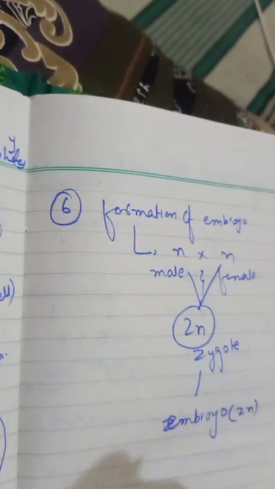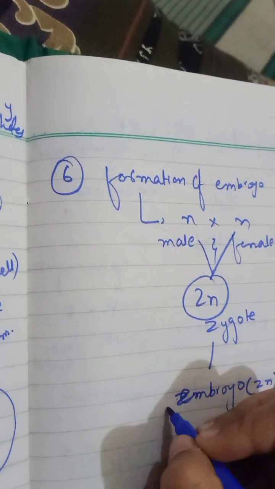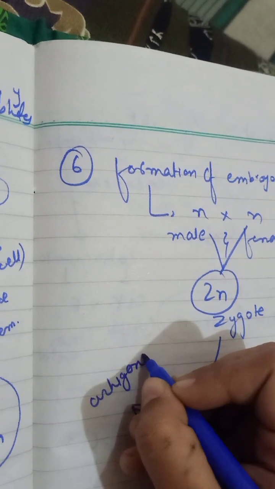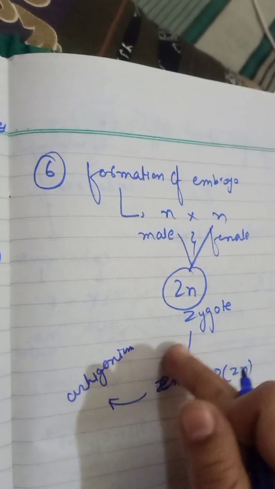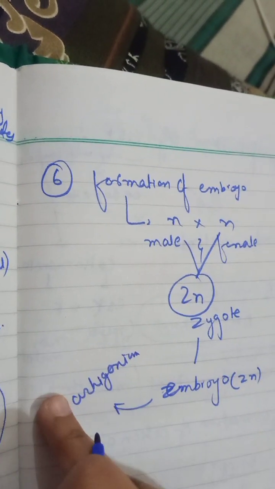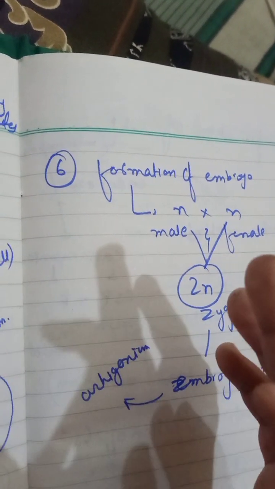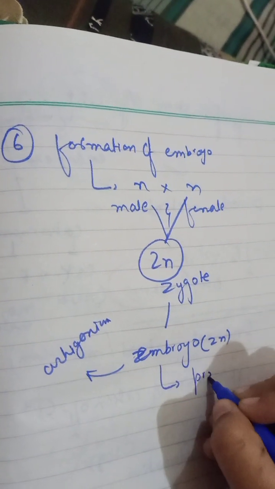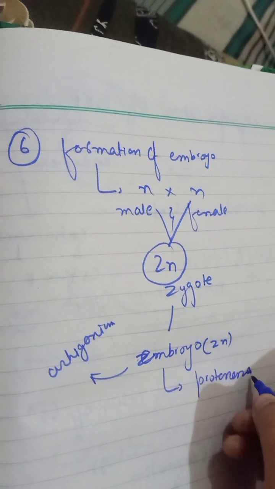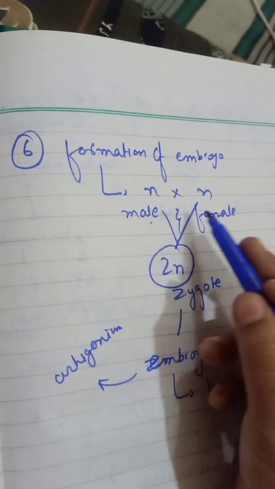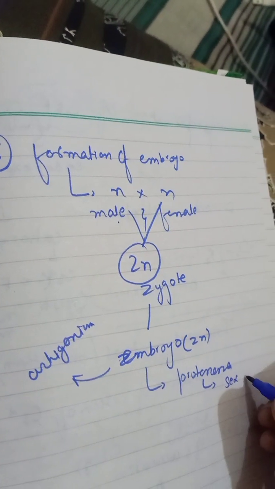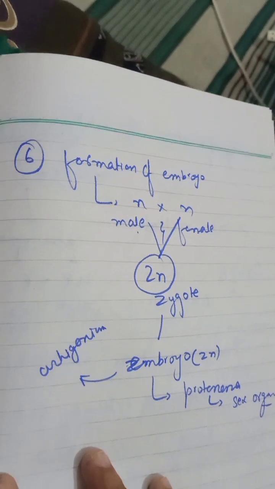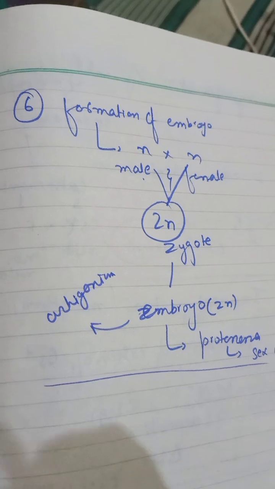It is protected in the parent body, in the archegonium, the female sex organ, and then it converts into the sporophyte, the diploid stage. The embryo converts into the protonema, a filamentous body which again produces male and female sex organs, the gametophyte. So this was the formation of the embryo.